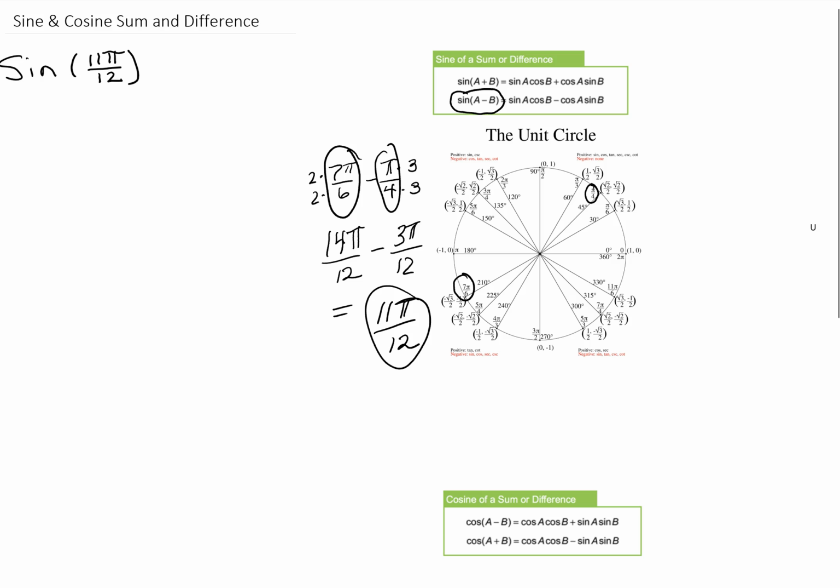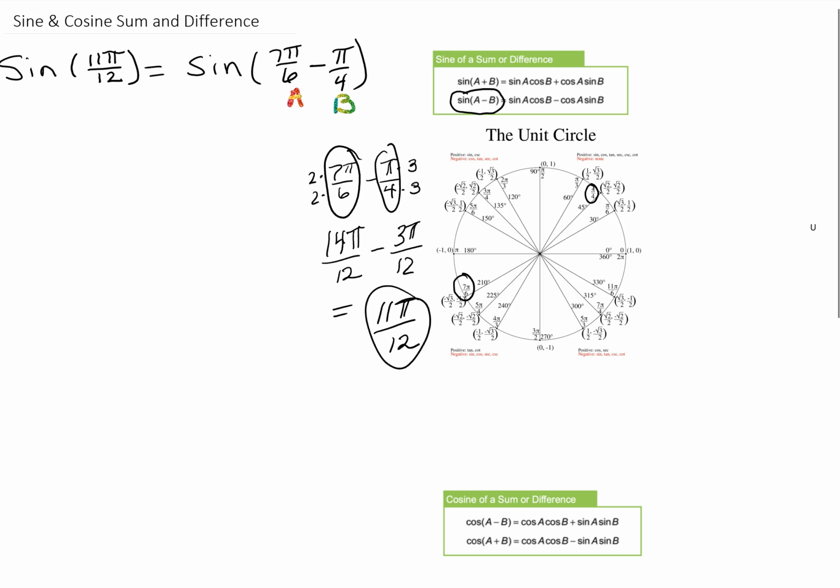Let's switch pens. We're going to say this is the sine of 7 pi over 6 minus pi over 4. And this right here is going to be our A, and this right here is going to be our B, and I guess I used the magic marker by accident there.